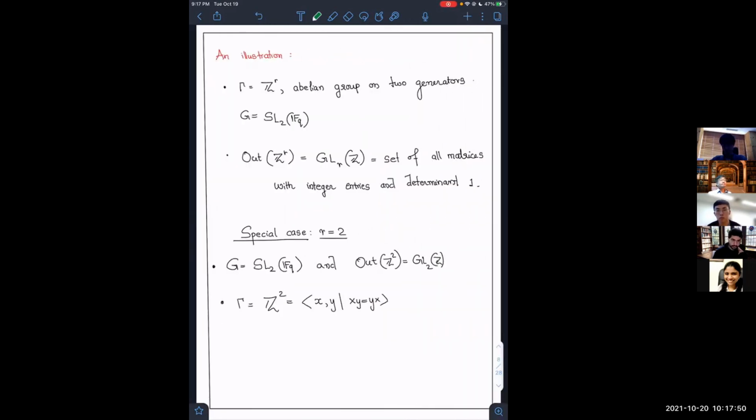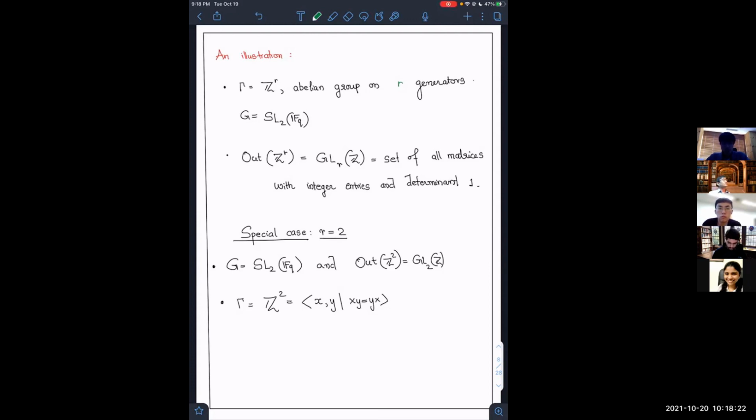Okay, so let me show an example with very specific groups, to see how this action looks. Sorry, I meant to say R generators here. Suppose gamma is an abelian group generated by R elements, and G is SL2(F_q).